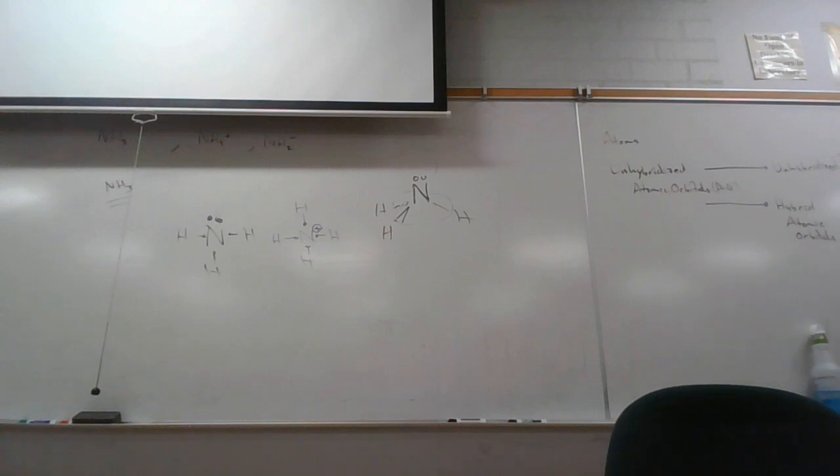It's easy, but not as accurate. An easier path. And this easier path is called valence bond theory. And the valence bond theory is a simplified quantum mechanical approach.